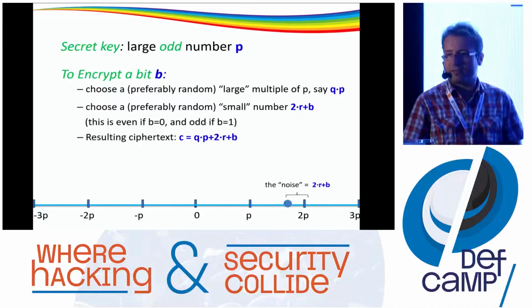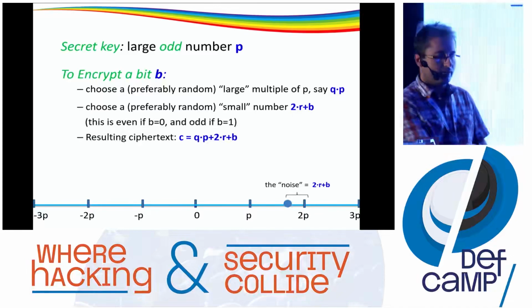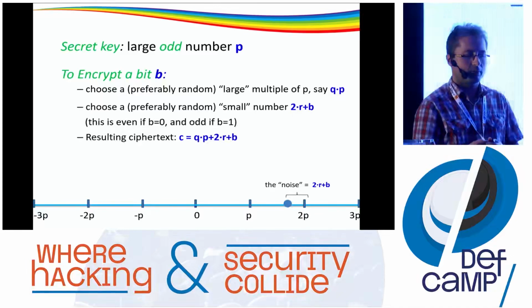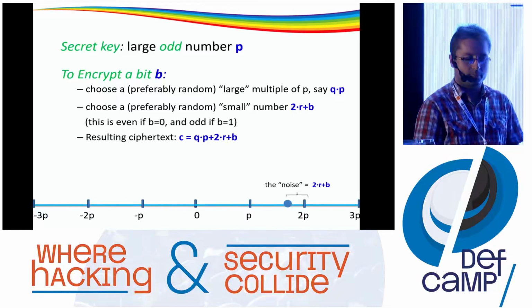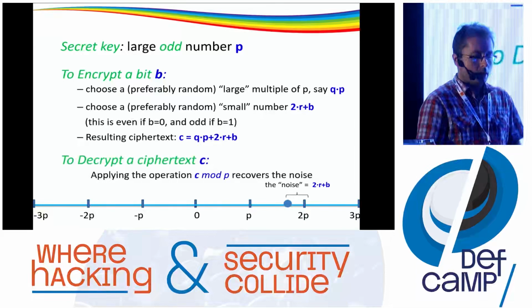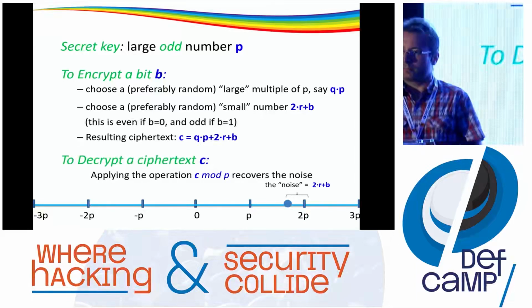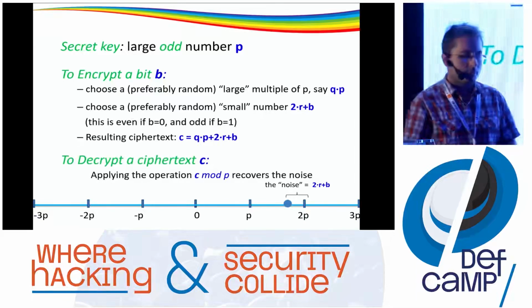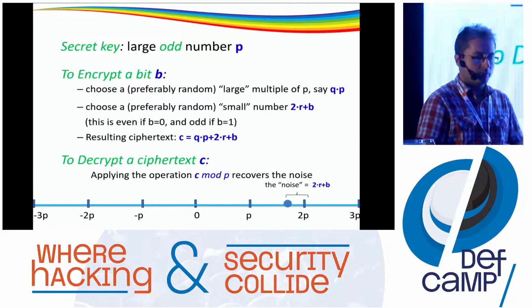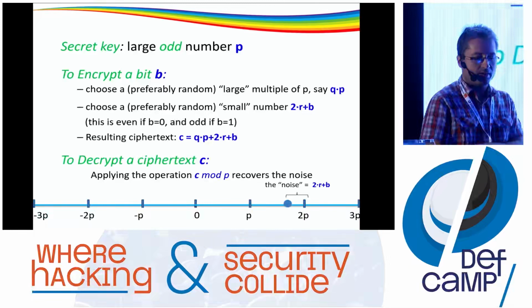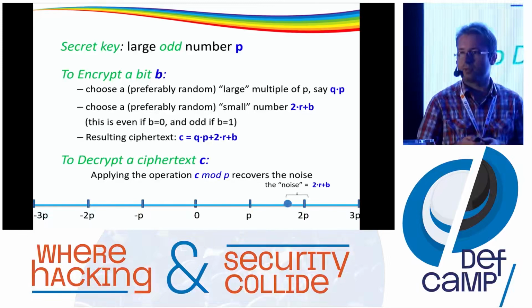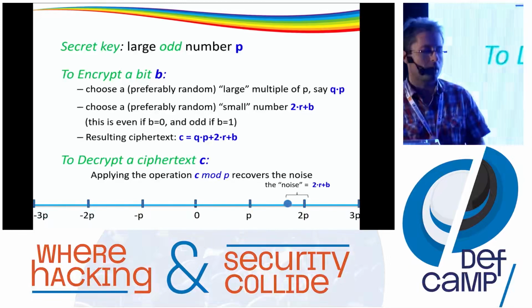Then we may have a ciphertext of this form: Q times P plus 2 times R plus B. And we can apply the decryption in order to obtain the original message, and the noise can be seen as 2 times R plus B.